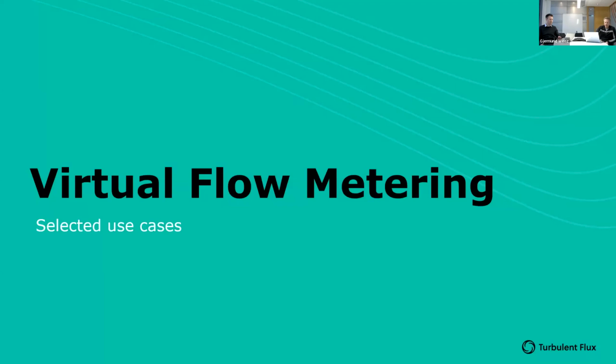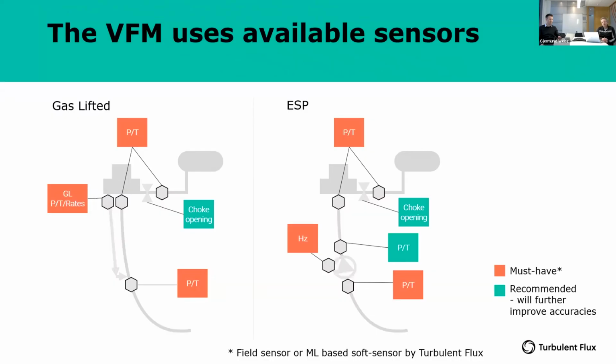So virtual flow metering, if it's new for some of you, is calculating the phase flows coming out of the well. As we have a flow simulator, we do a physical description of your system. There are different types of systems. Here you have two: gas lifted and then the ESP driven systems.